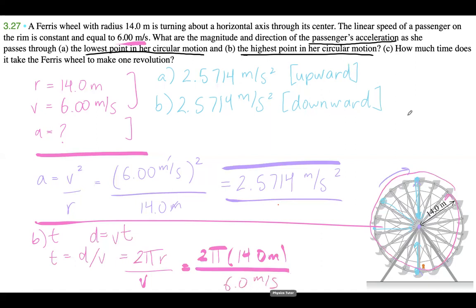When I plug all of that in, I'm getting 14.66 seconds, or approximately 14.7 seconds. So that's how long it takes the Ferris wheel to do one complete revolution.